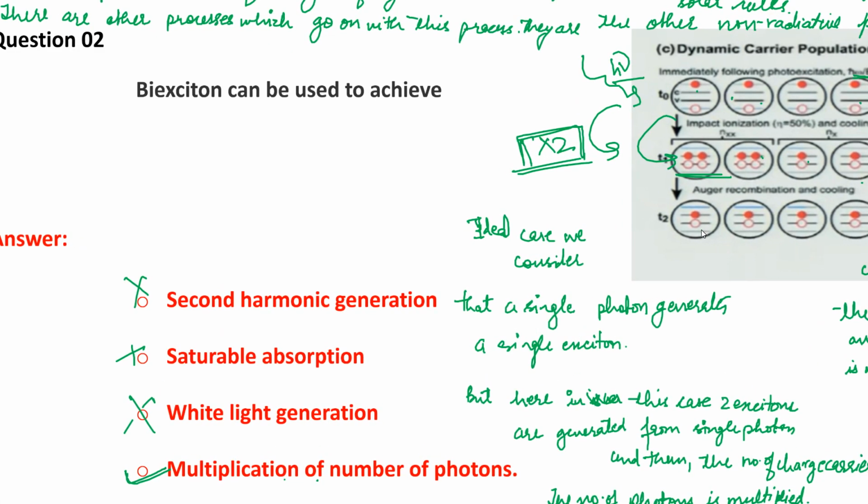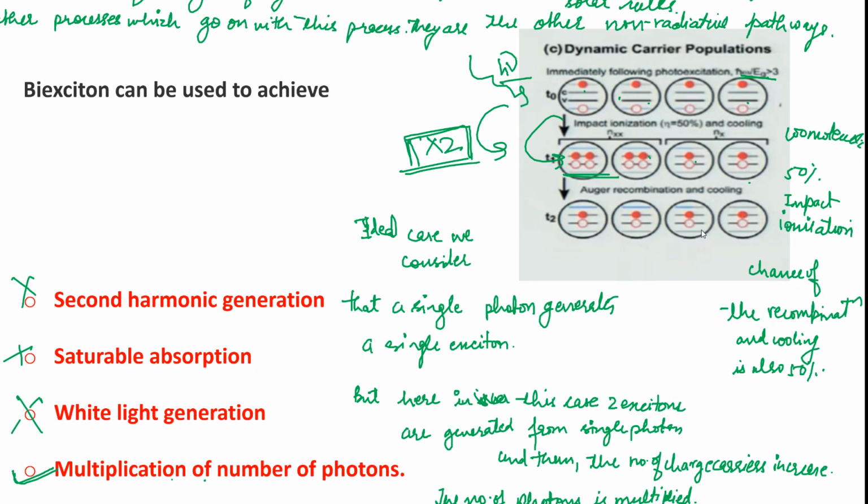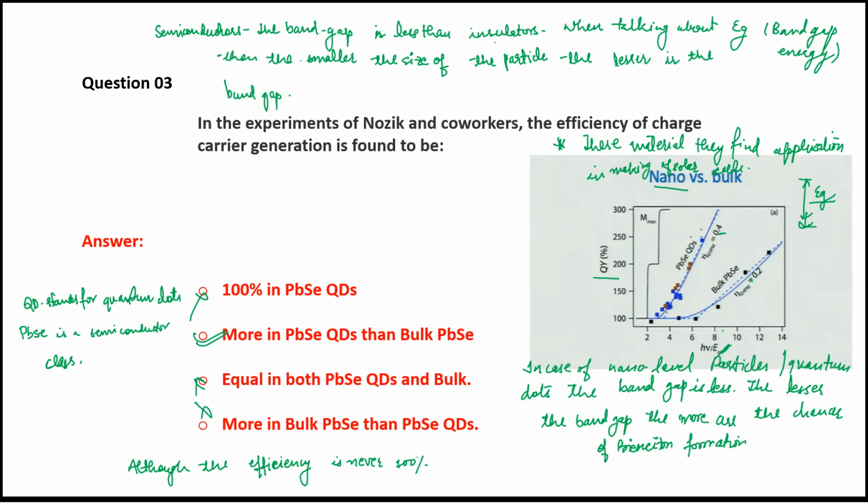In question number 3 was an experiment that was done by Nozick and co-workers to look at the efficiency of charge carriers when you talk about the same material, but in bulk or at a nano level.